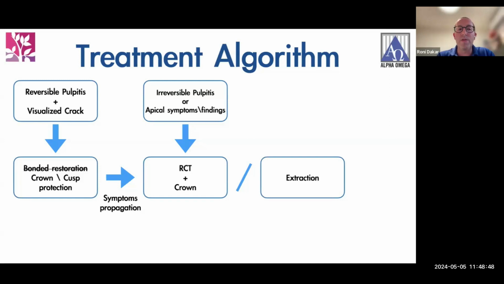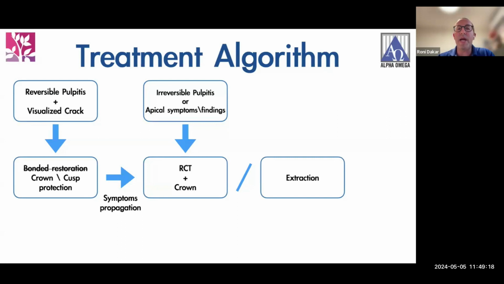And here I must also mention the option of extraction. Also, always in the diagnosis of a crack, the prognosis we give to the patient is in doubt. It's questionable. The questionable prognosis is because we cannot predict in advance the extent of the crack's progression until we open the tooth and see exactly where it reaches underneath magnification and staining.